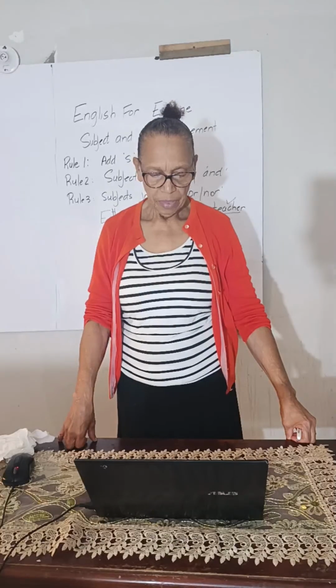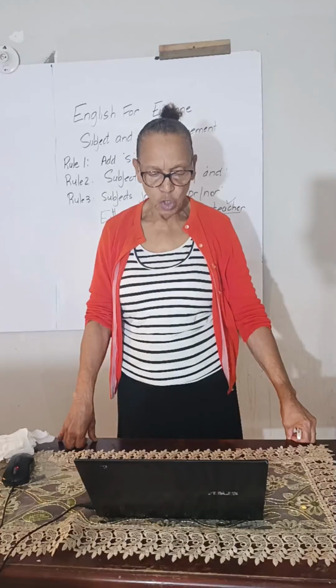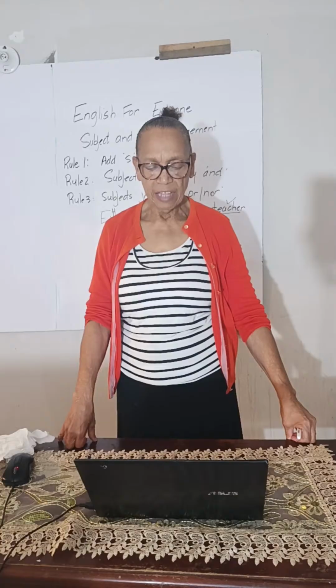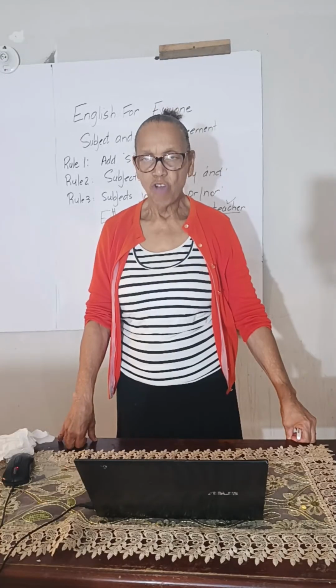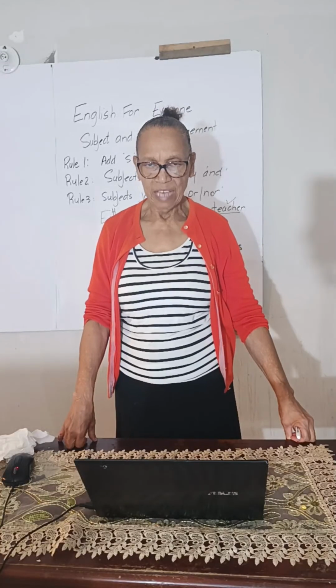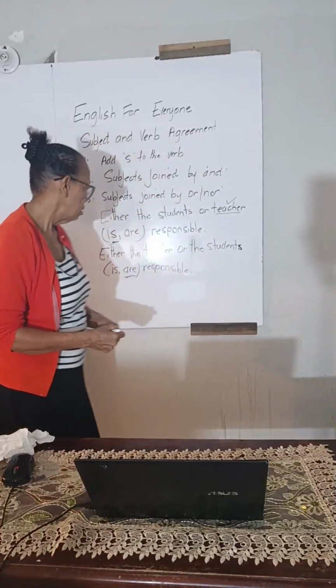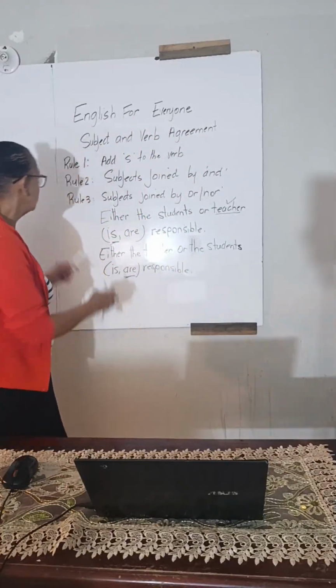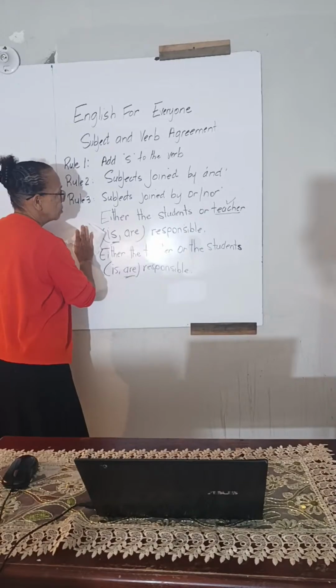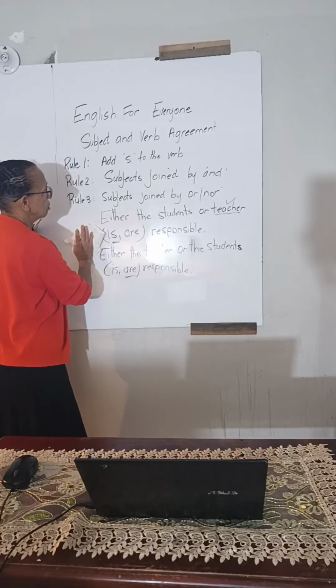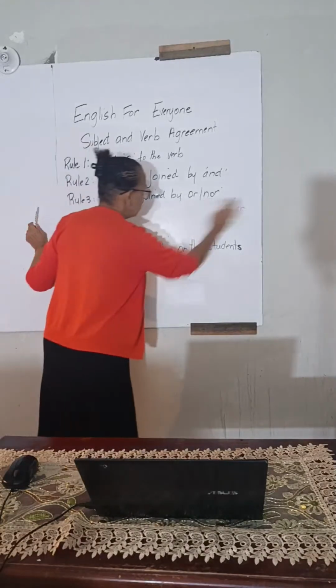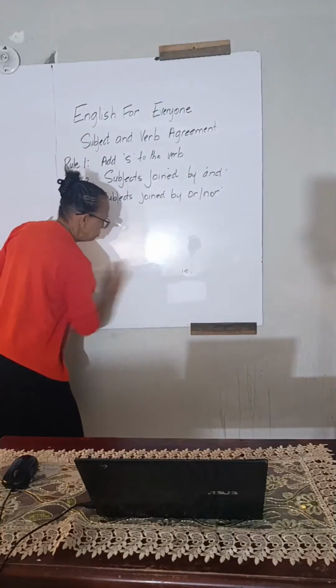Next one. Either the cat or the dogs, runs or run outside? Let me write it on the board so that we can see it. So this one, that's rule 3. Look at this one.